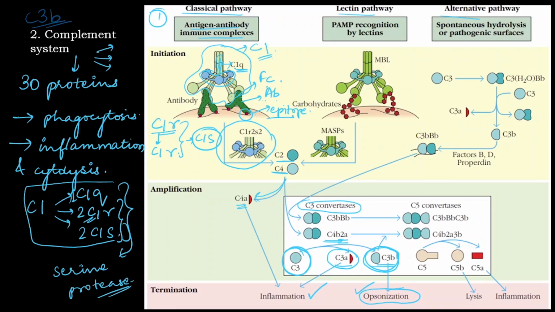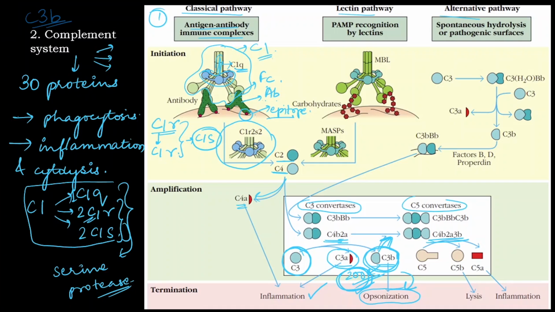Now the C3b molecule is produced in large amounts, around 200 molecules. Therefore some C3b molecules will be used for the opsonization process and some will interact with the C3 convertase to form C5 convertase.